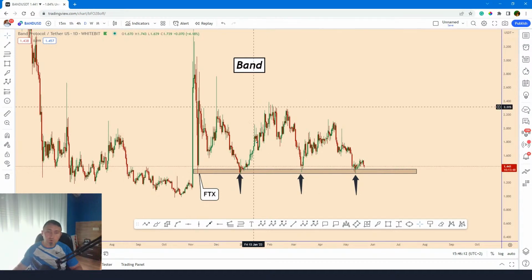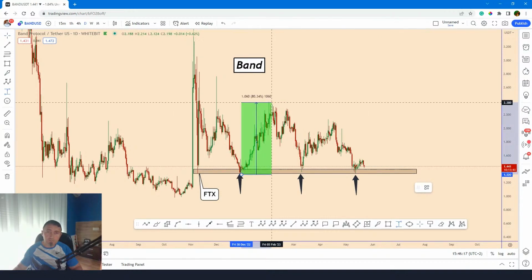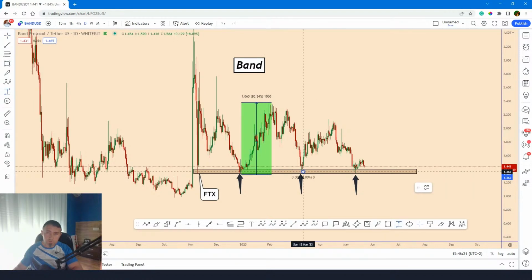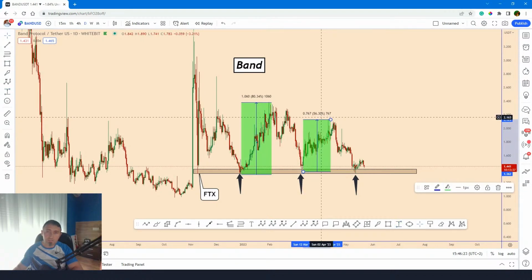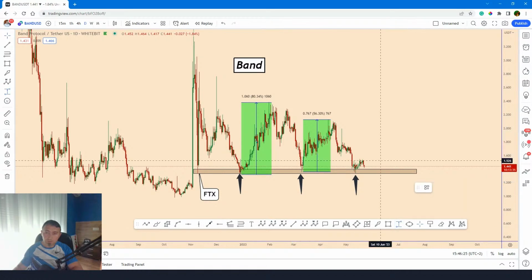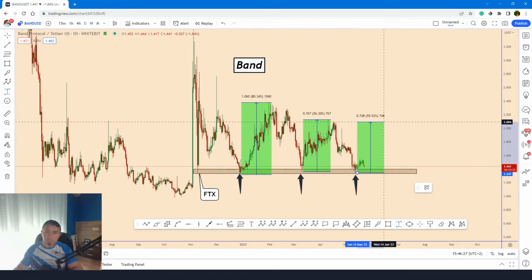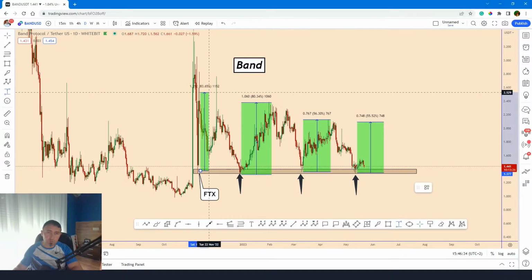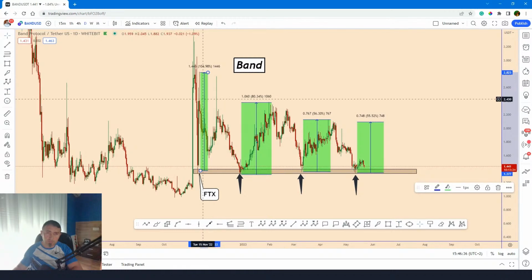But if we look at it from this perspective, considering that Band increased from this zone 80% the first time, and we saw a second time a price increase up to 80%, we may see approximately the same moves again. And look at how aggressive the price managed to recover all the time that it came down.